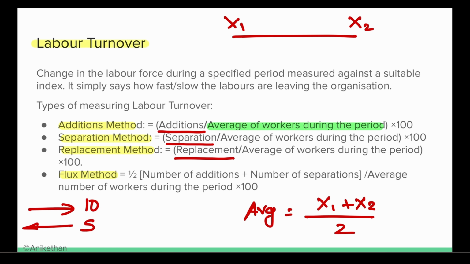That means out of 10 people who have joined, only 5 were replaced. So in the replacement method, in the numerator you will consider 5. And there is the flux method which uses both addition and separation. It is half of the number of additions plus number of separations divided by the average number of workers during the period.